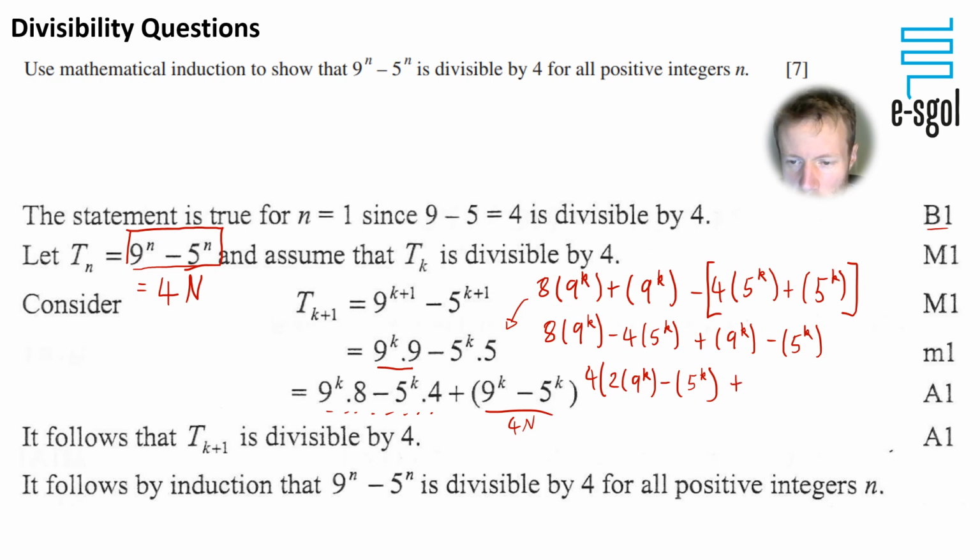And then this last bit must also be in the 4 times table because it's what I established at the very beginning, that is 4 times something, and you're making a comment along the lines of both of the parts are divisible by 4, or the whole thing is divisible by 4. Okay, it's just a slightly older mark scheme, but it's still the same concept. It's slightly more tricky as well because we have 2 numbers here with a power of n on, but that's another divisibility type of question.